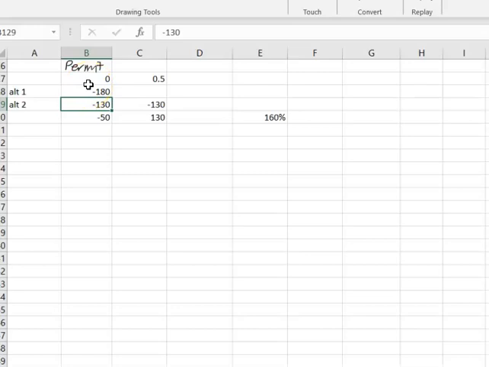So it is asking you to calculate the IRR, the same as the previous problem we did together. Just compare them. In both alternatives, you get the permit, so remove the permit from your comparison. In alternative 1, you are paying $180 now, and in alternative 2, you are paying $130.